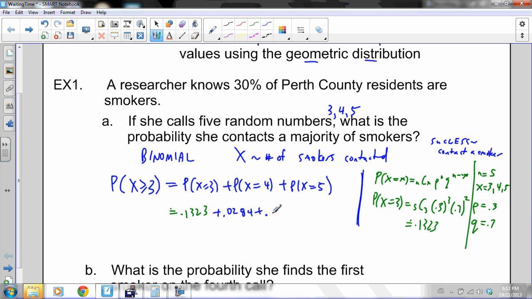And this one is almost 0, almost no chance of all 5 of them being smokers. And that's a total of 0.1631. So therefore, there's a 16% chance of a majority of smokers.